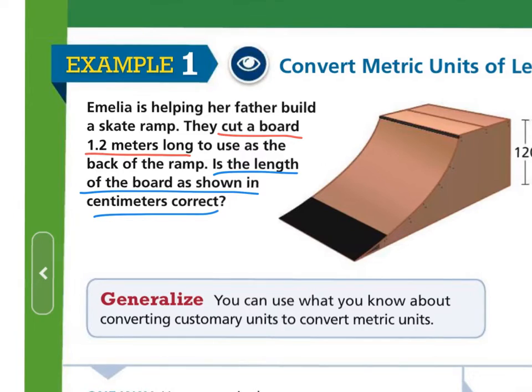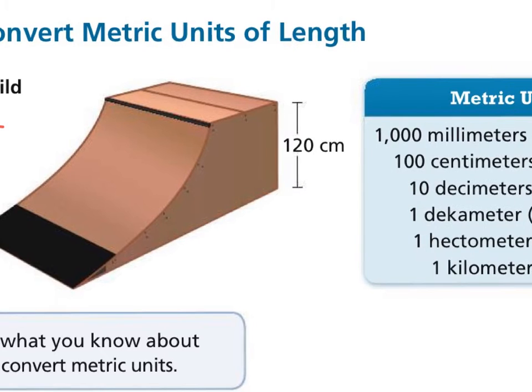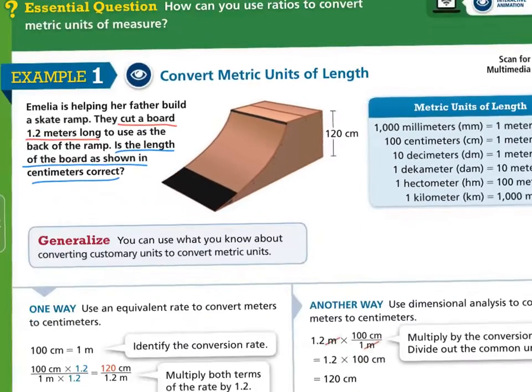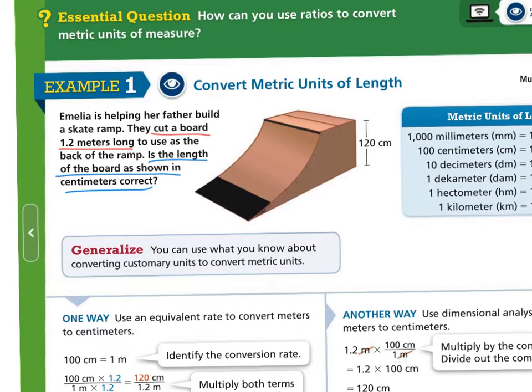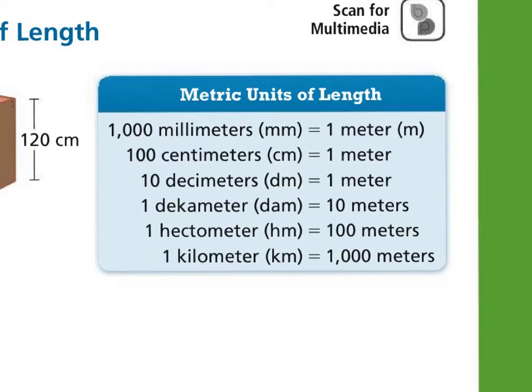So they told us what it was in meters, and they're asking if this number of centimeters is correct. So in other words, they're asking if 1.2 meters is equal to 120 centimeters. So one way you can do this, you can use these conversions that they've given you here. So you could say 1 meter is 100 centimeters.